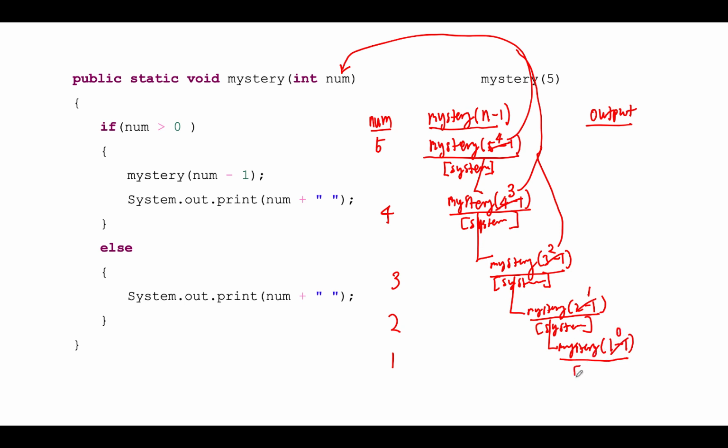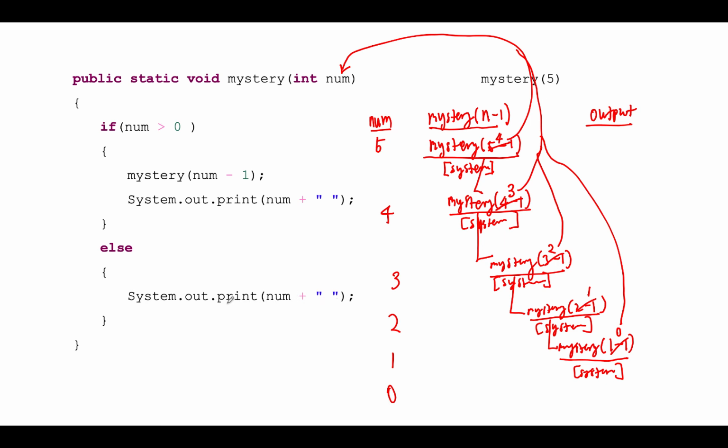Oh, one more thing. That system is on hold again. Now, when we pass our num value into mystery, it's going to assign num a value of 0. When num is 0, it's going to fall under the else statement. It's going to print num and a space.